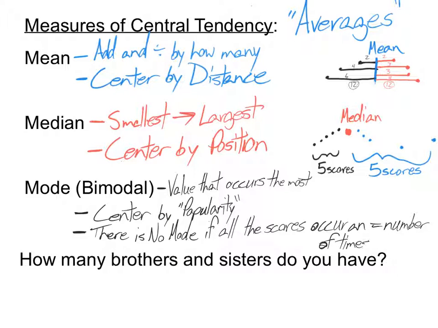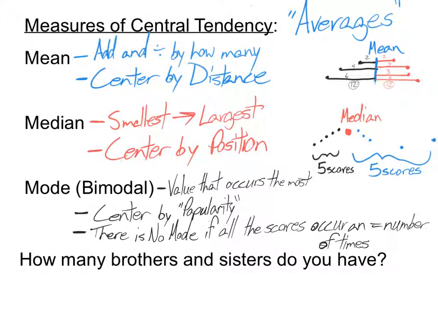What we call this in statistics is a uniform distribution. If you were to make a histogram of these, it would just be flat across the top, because they all have the same number.